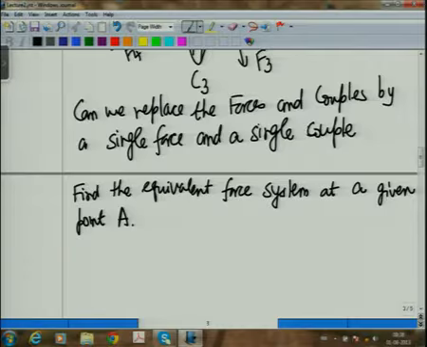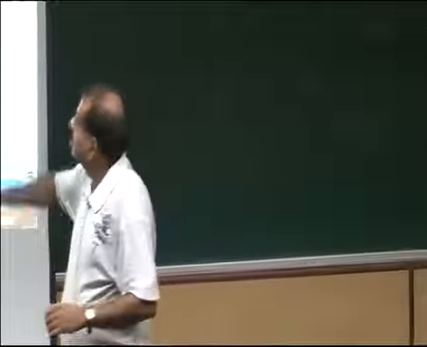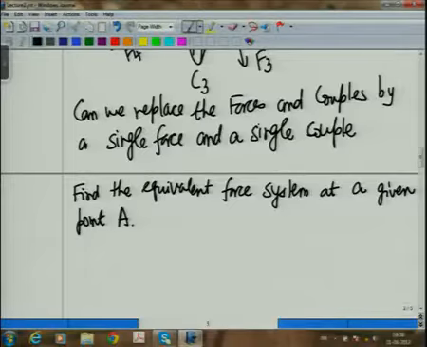Is it point A or point B or point C? And the force system, as you will see, will change or may change depending on the location of these points. So therefore, the point which we are talking of becomes important.